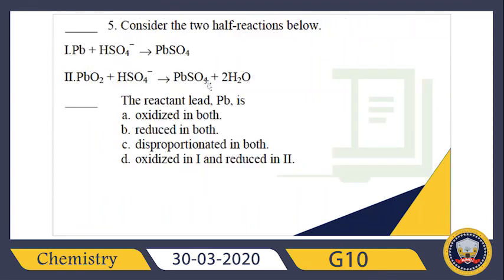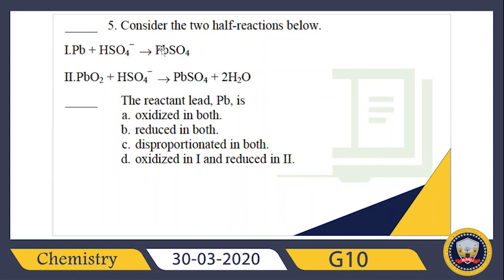Question number 5. It's important now. Consider the two half reactions below. The reactant lead, Pb, what happened to it? A, oxidized in both, or reduced in both, disproportionated in both, or oxidized in one and reduced in two. Let's see the first one. From Pb plus HSO4- it yields PbSO4. Pb is a pure element, so 0.